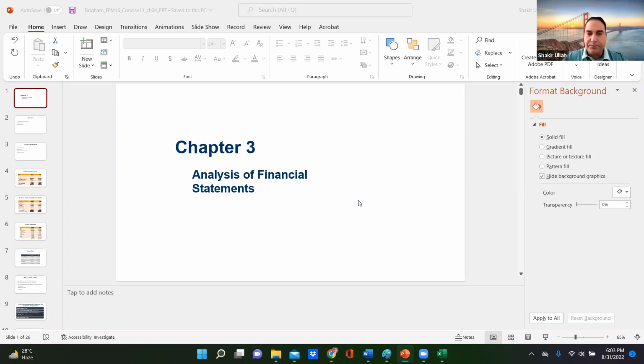I mentioned that preparing financial statements is the role of the accounts department. So what they do is collect financial information, accounting information, record it, analyze it, and then prepare the financial statements based on that information.